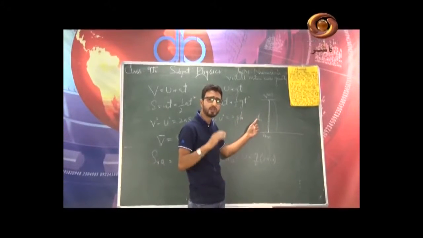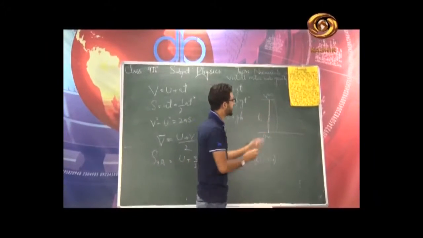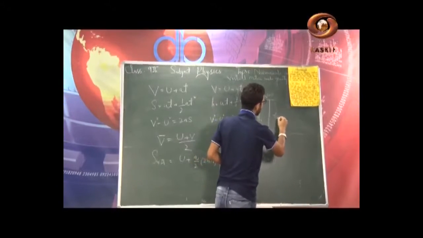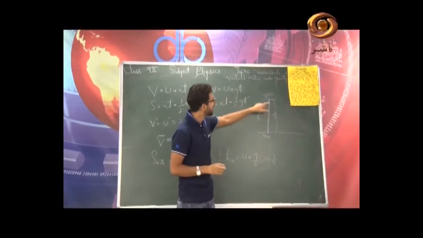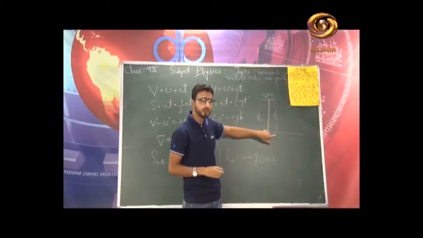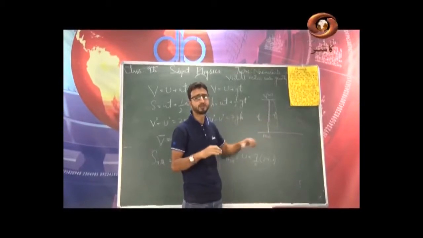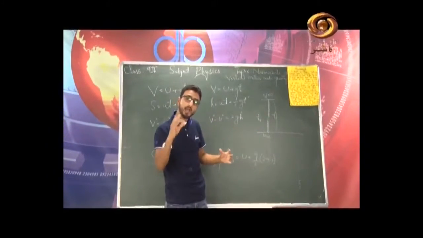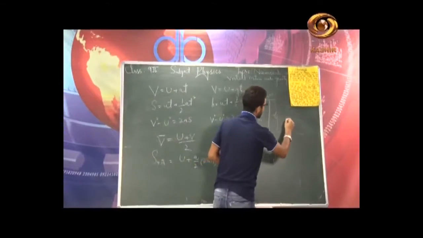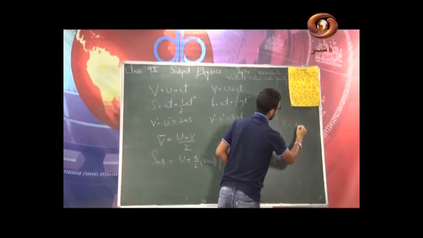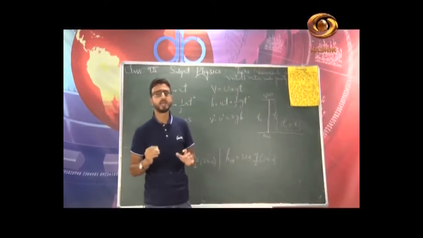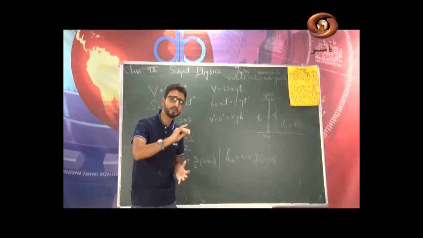This is what is called the time of ascent. Suppose t2 is the time taken by the ball from the topmost point to the ground. This is called time of fall, or you can simply call it time of descent. I have already proved that t1 is always equal to t2, that is, time of rise is equal to time of fall, that is, time of ascent is equal to time of descent, right?